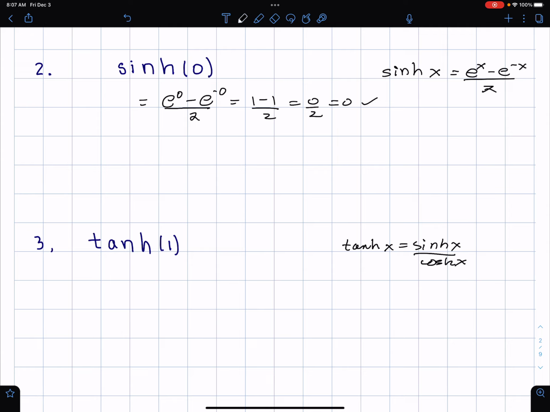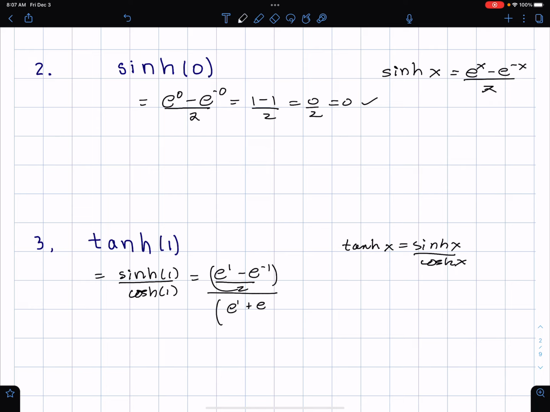Okay, so let's just write this down. So this is going to be sinh 1 divided by cosh 1. So that's e to the 1 minus e to the negative 1 over 2 divided by e to the 1 plus e to the negative 1 divided by 2.